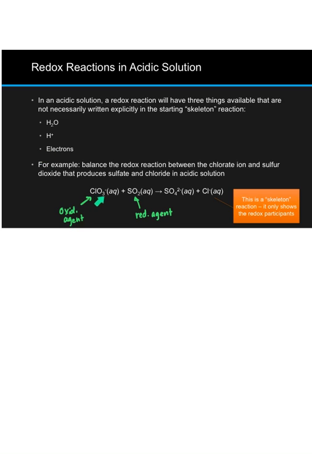This skeleton reaction is impossible to balance all by itself. We're going to need to take into consideration the environment in which this reaction occurs and these contributing substances.